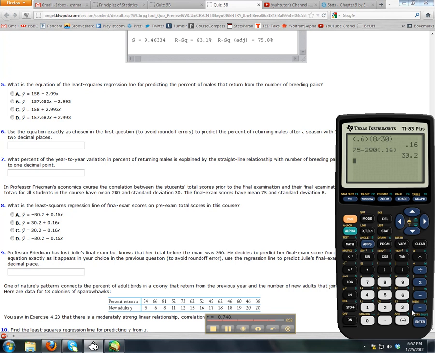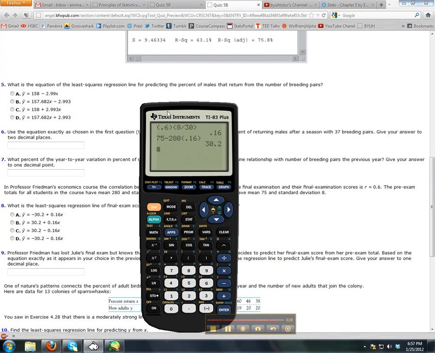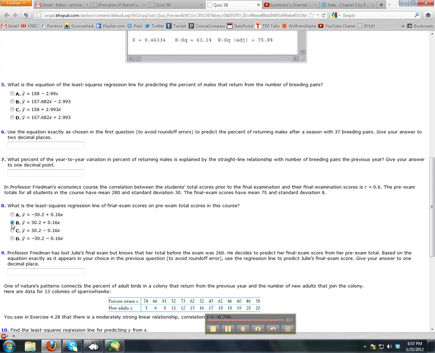That yields A of 30.2. Cool. So our A is 30.2. Our slope is 0.16. So of our options, we have 30.2 plus 0.16, B. That should be your answer.